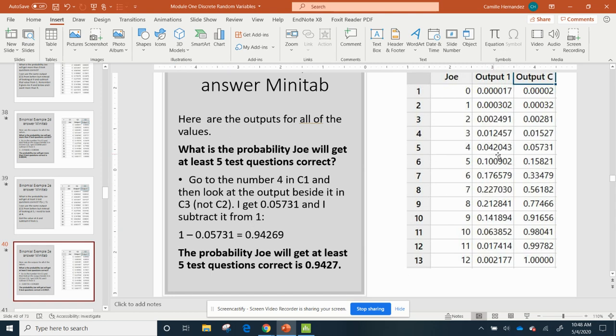My value of 4 was 0.05731, and if I subtract that from 1, I get 0.94267. So the probability that Joe will get at least 5 test questions correct is 0.9427, or 94% of the time he'll get at least 5 test questions correct. He may get more, but he'll never go below that 5. All right.